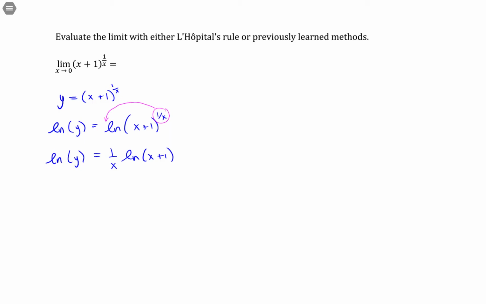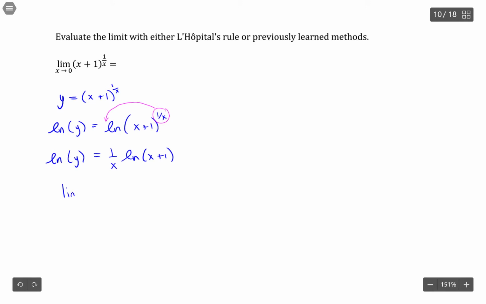And at this point, I could try and see what the limit of this function is, and try to then tie that back to what the original value should be. Because if we know what this side here is supposed to be, then possibly we could apply that to this side and come up with an answer.